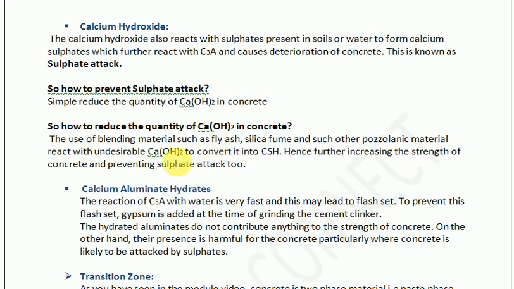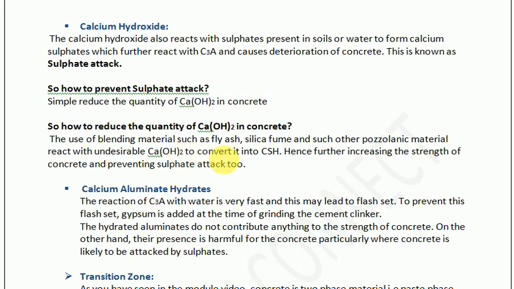So this is the mystery which was solved by the Romans, as we studied in the history of cement, that they used to add volcanic ash. When they added volcanic ash, this pozzolanic material reacted with the calcium hydroxide. Calcium hydroxide is very undesirable because it causes sulfate attack. So once we are able to remove this calcium hydroxide from the cement, we are able to generate more strength, because the undesirable calcium hydroxide quantity is reduced.